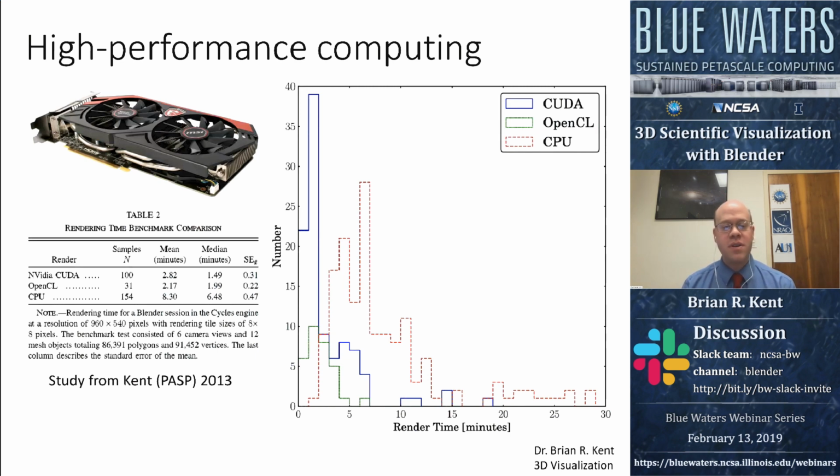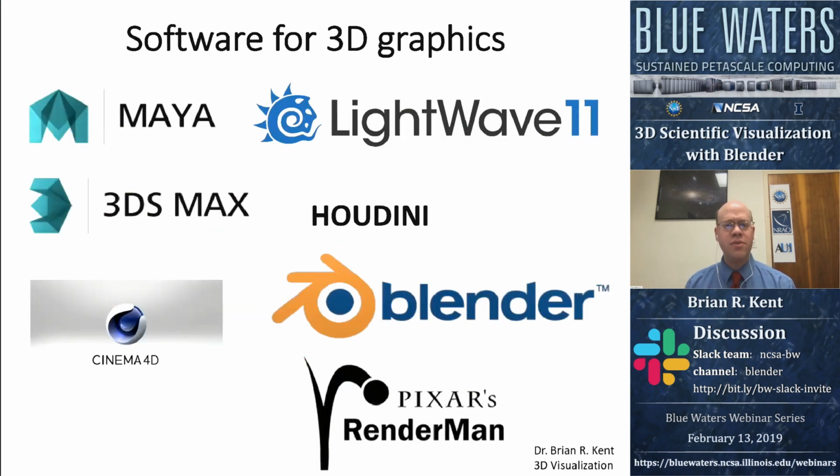But if you use something like NVIDIA CUDA or OpenCL, you can greatly increase your rendering speed, in this case by a factor of 4, just by turning on those plugins and using the advantages of GPU computing. So that's another way to increase the efficiency and decrease the time of your data visualization, which is one of the reasons why I like using the Blender tool.